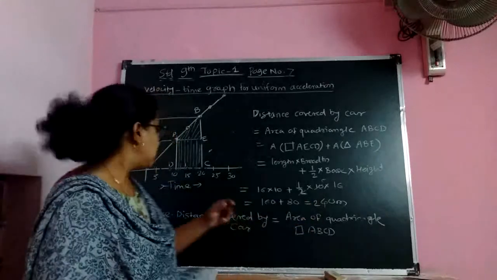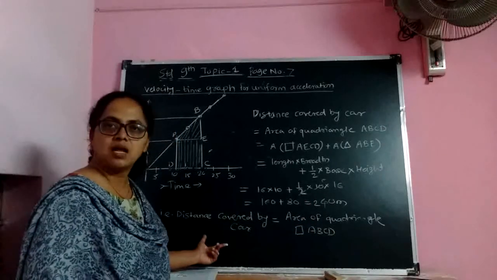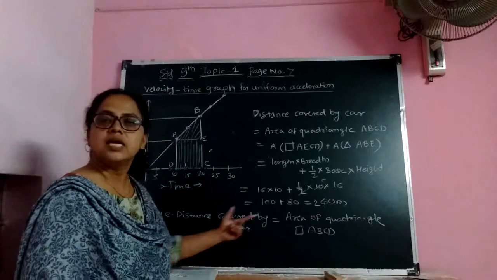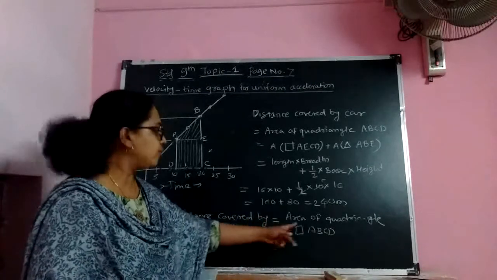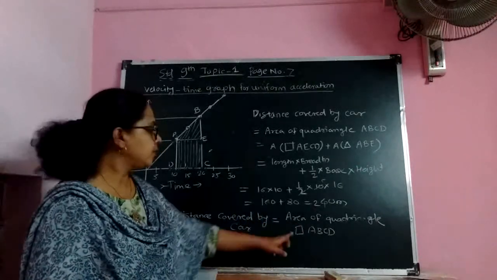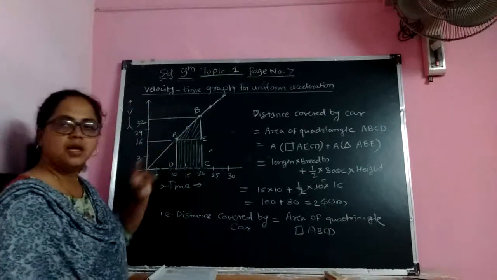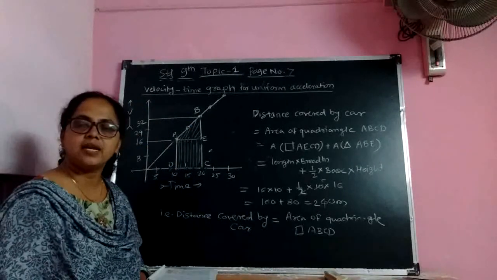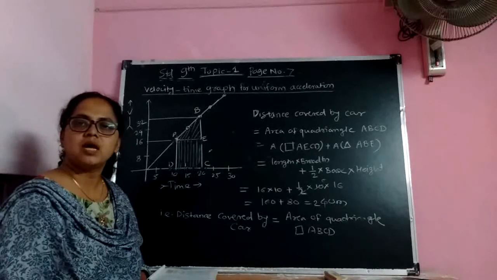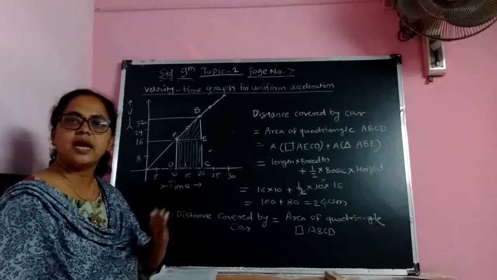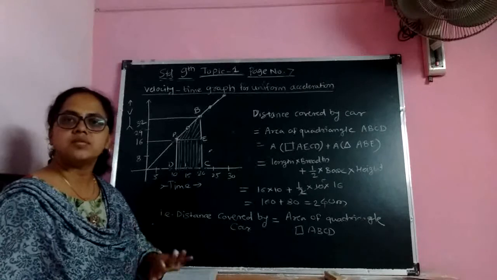The distance traveled by the car, or distance covered by the car, is the same as the area of quadrangle ABCD. That is this area. And first we found out directly the distance covered by the car between the 10th second and 20th second. These two terms are the same.